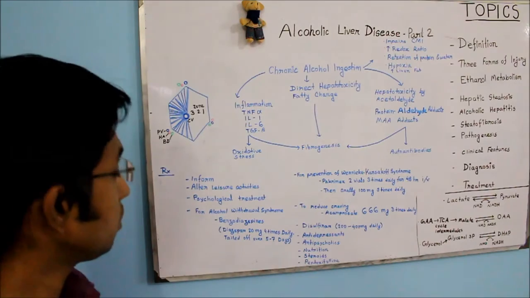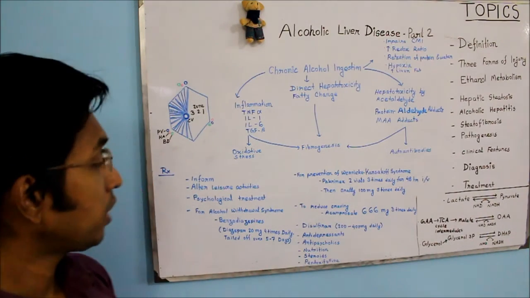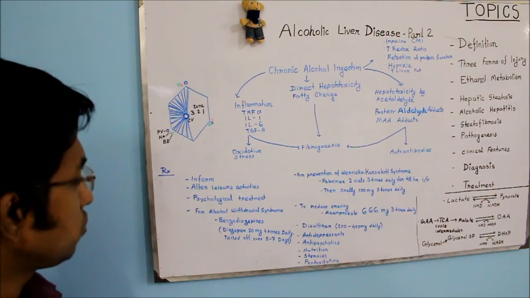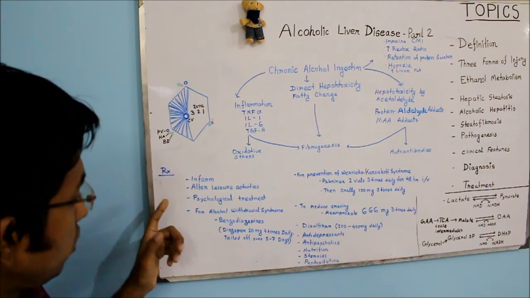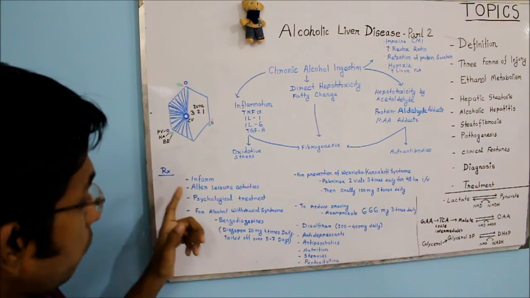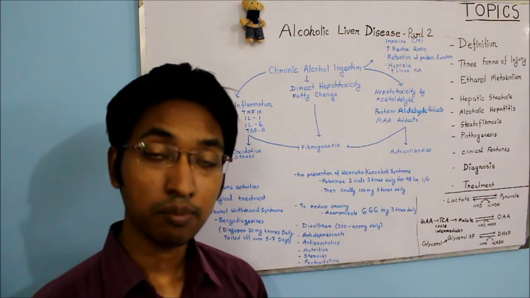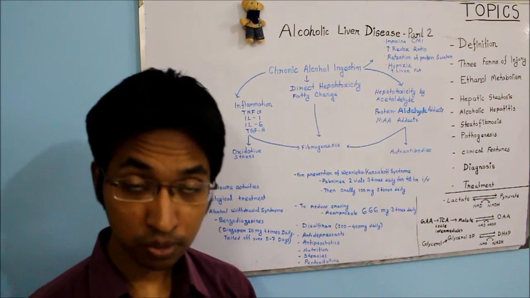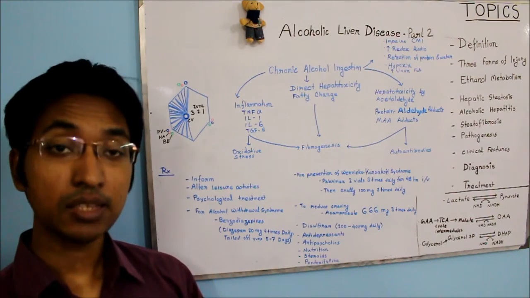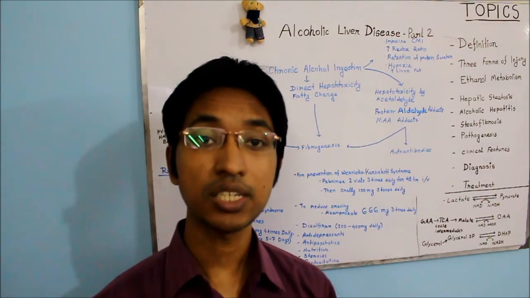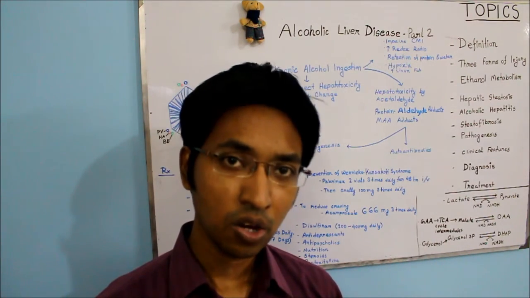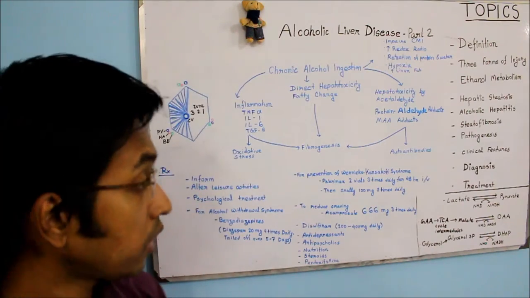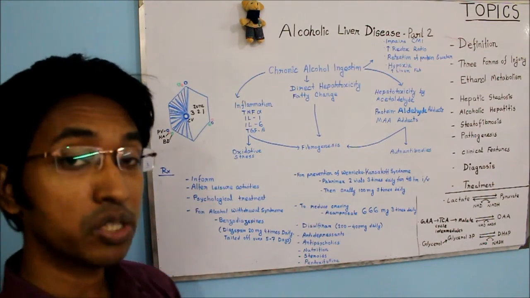So as you can see in the whiteboard, during the management of alcoholic liver disease, the first thing we have written is to provide information to the patient about the harmful effects of excessive alcohol consumption and to make the patient stop drinking. Now, in order to do that, some lifestyle modifications may also be required.